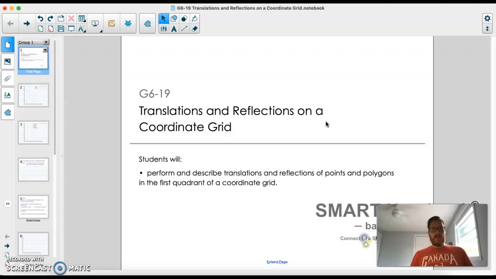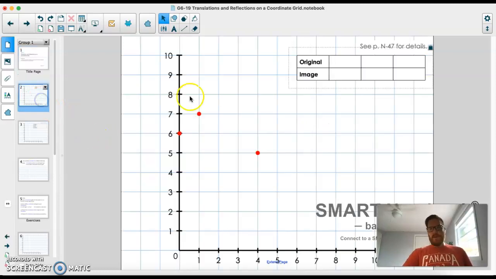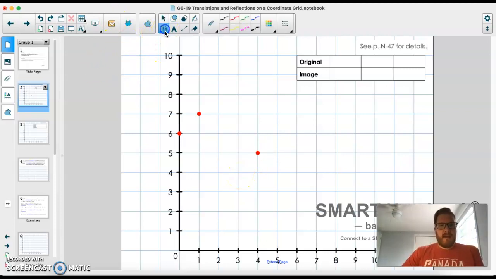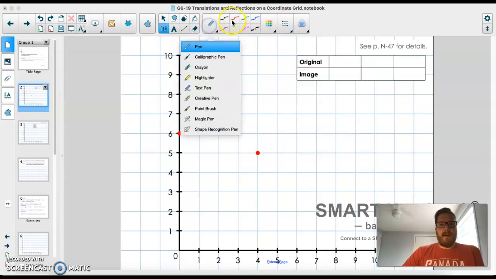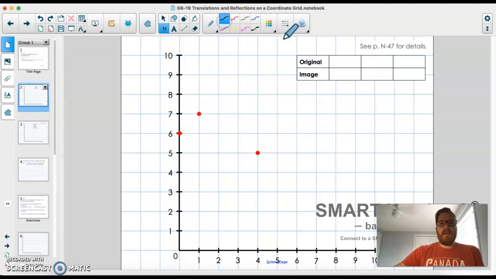Remember, yesterday I talked a little bit about how we're only going to be talking about the first quadrant. There are actually 4. We'll just focus on the first one. Okay, so here's where we're going to start. There are 3 points on this page, and I am going to record them.